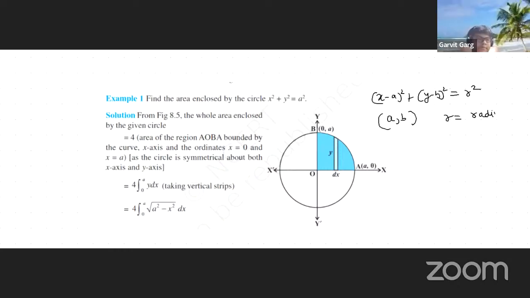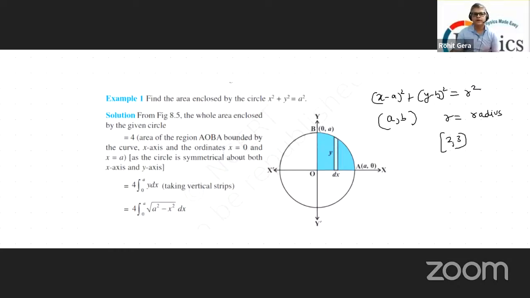So if I tell you there is a circle with center (2, 3) and radius 5 units, and I ask you to write the equation of this circle, then you have to write it as x minus 2 whole square plus y minus 3 whole square is equal to 5 square.